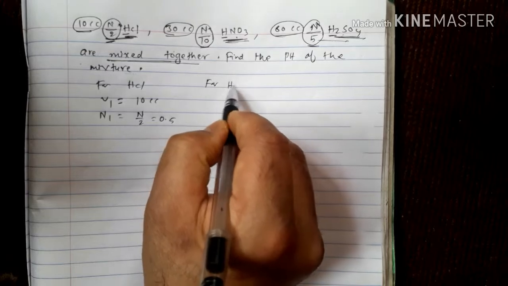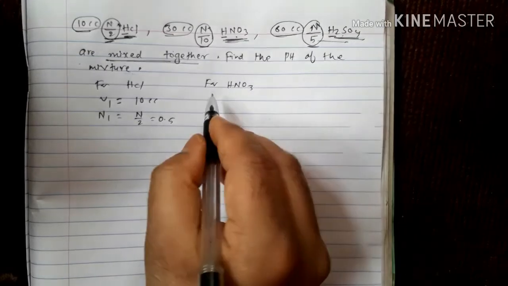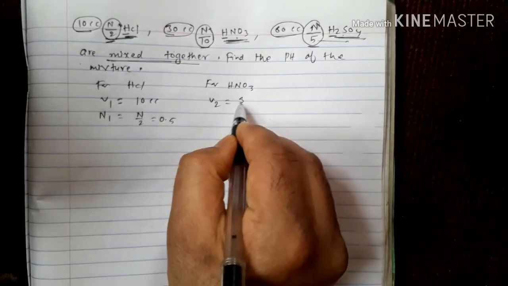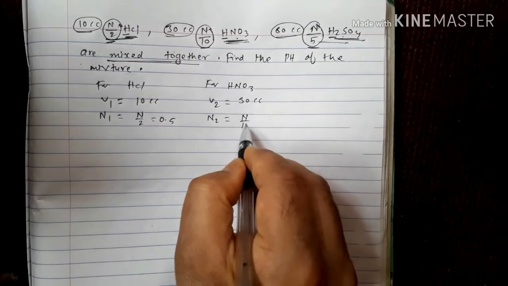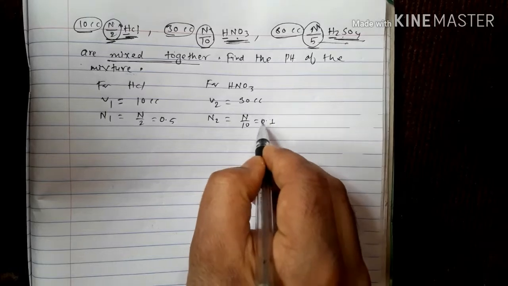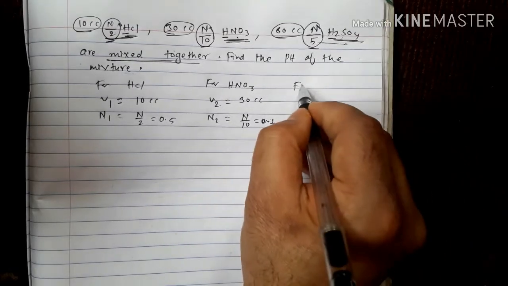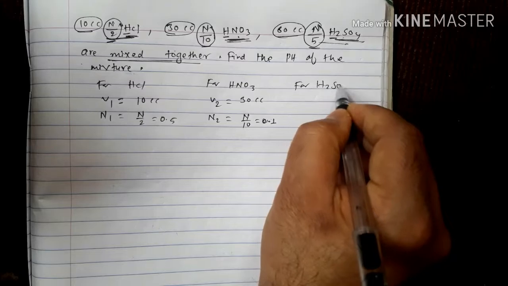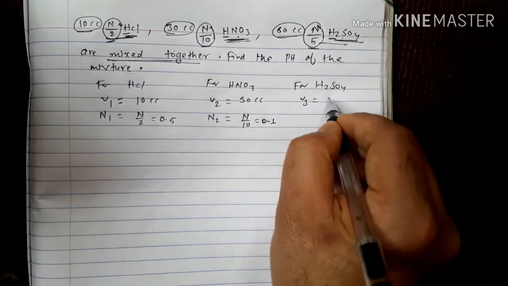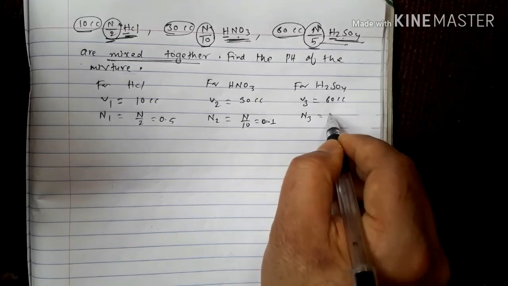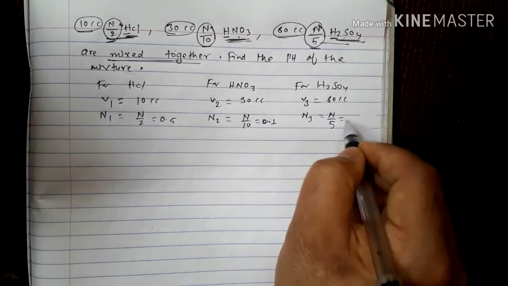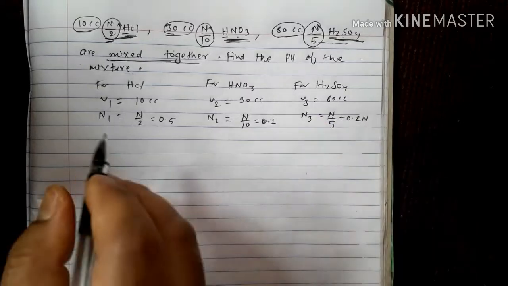For HNO3, V2 is 30 cc, N2 is N by 10, 0.1. For H2SO4, V3 is 60 cc, N3 is N by 5, 0.2 normal.